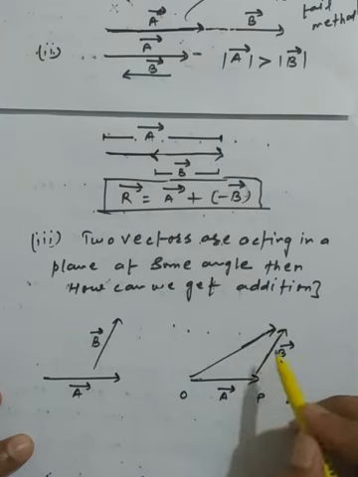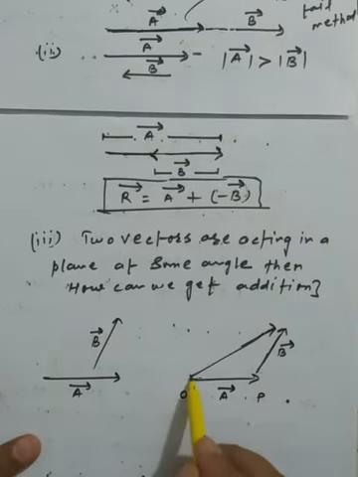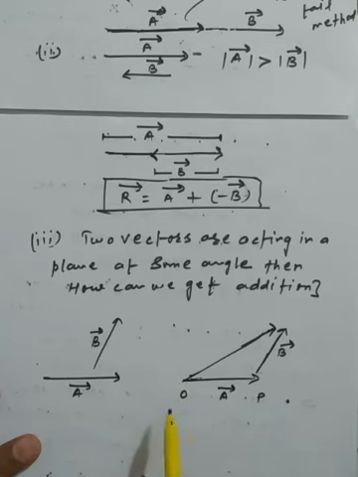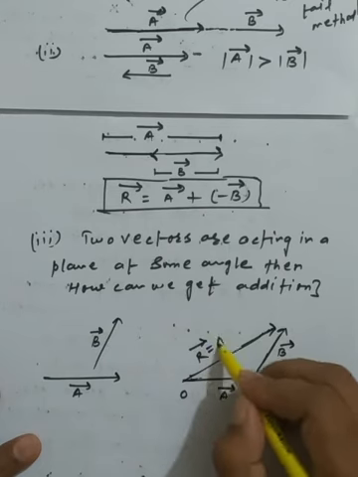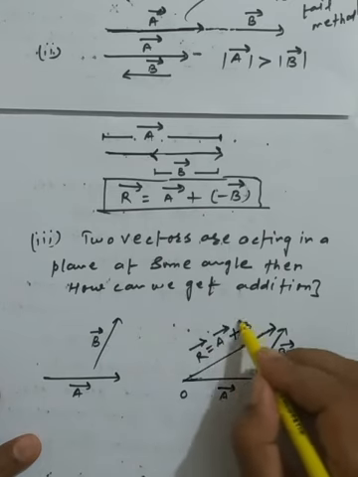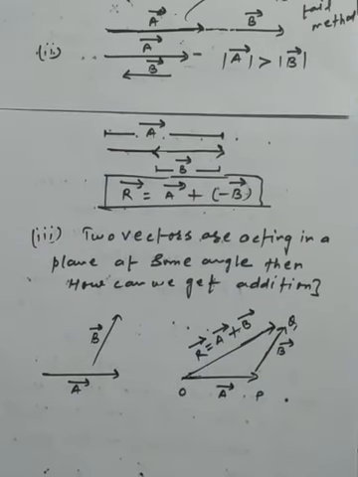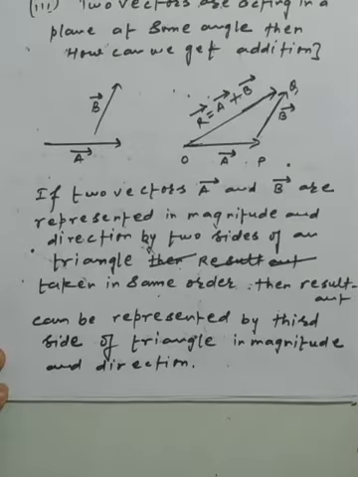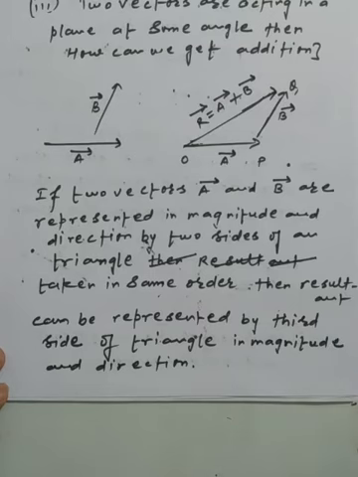Okay, so I am getting a closed polygon, and I am closing the polygon by the third side, which is just opposite to the two sides that are taken in the same order. So this side will give the meaning of the resultant we have, that means vector a plus vector b. Okay, so OP and PQ, here we have the general rule, that means the triangle rule of vector addition. So here we have the triangle law of vector addition.